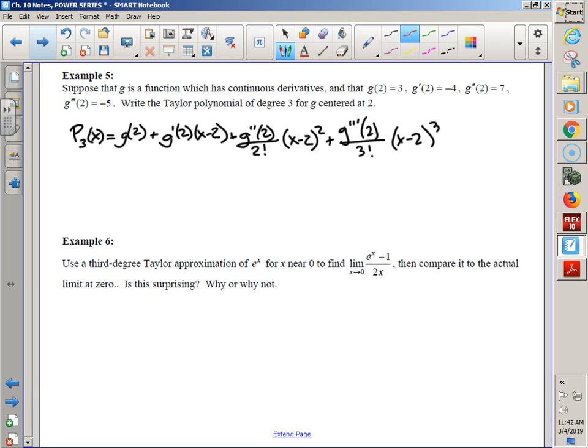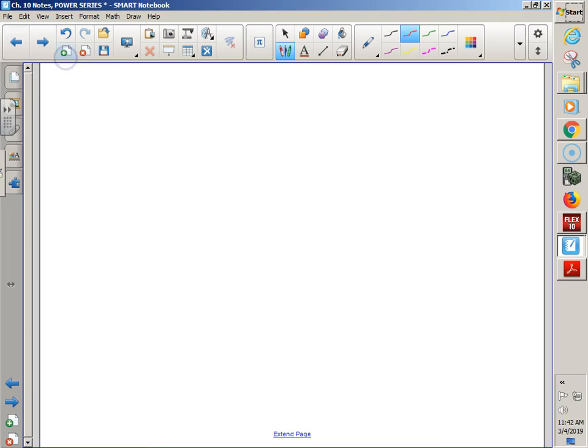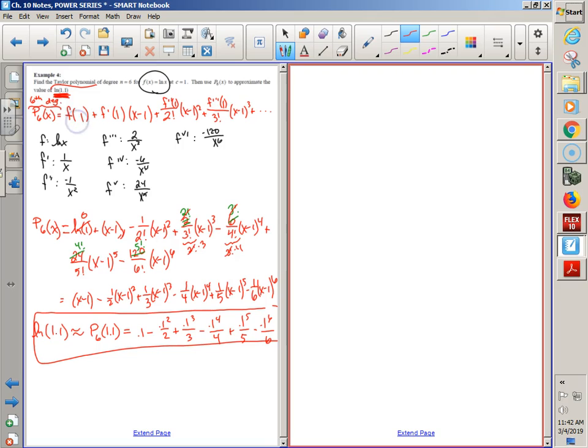Did you guys get the formula? Because we're doing a Taylor polynomial for g, so it's g in there, not f, centered at 2. So my derivatives are going to be evaluated at 2. Think local linear approximation really quickly, just in case this helps. It helps my brain keep track.